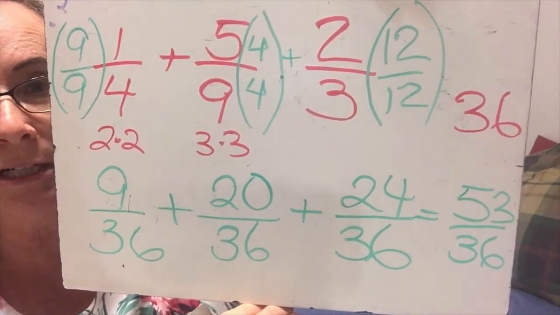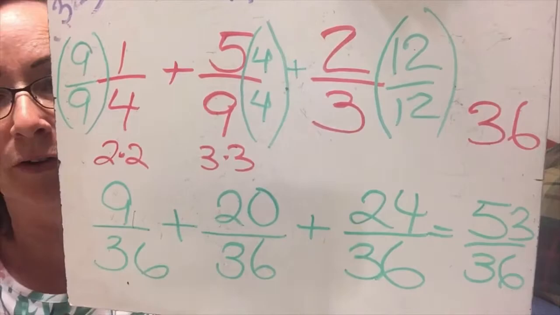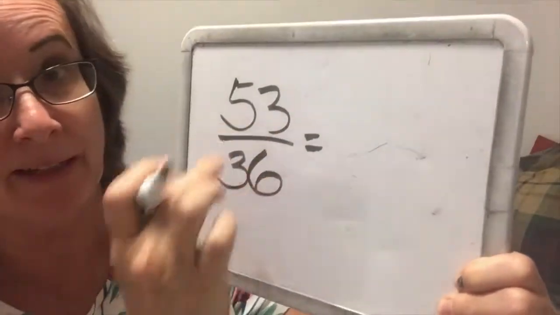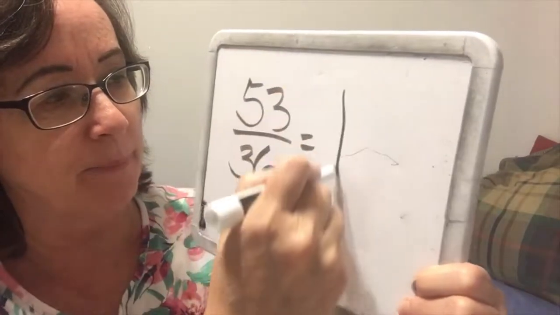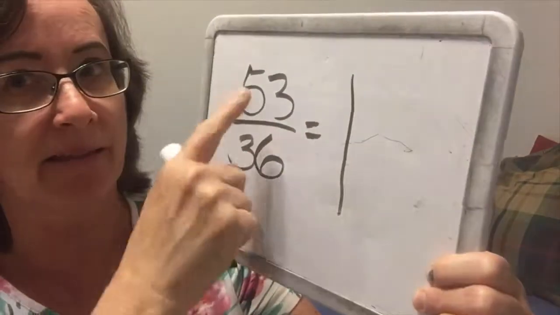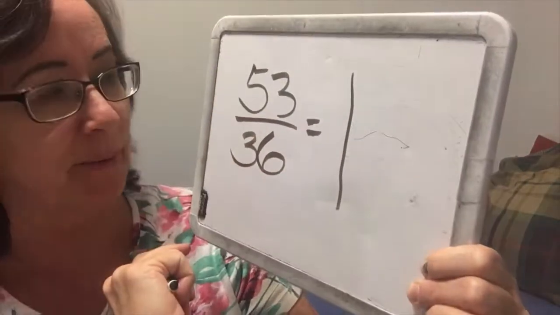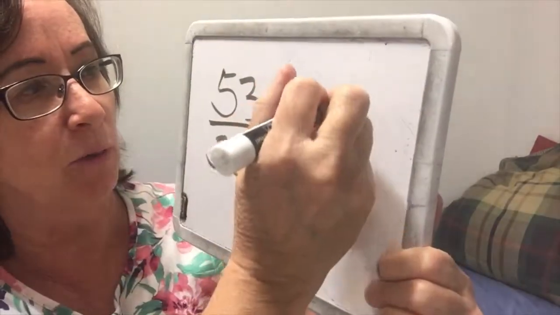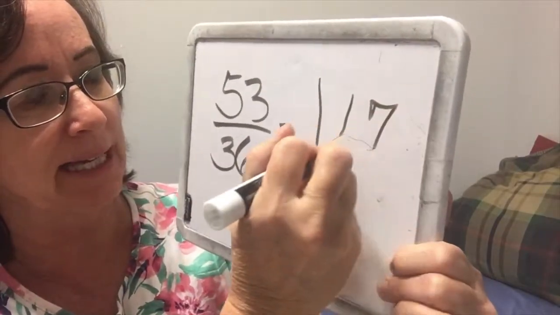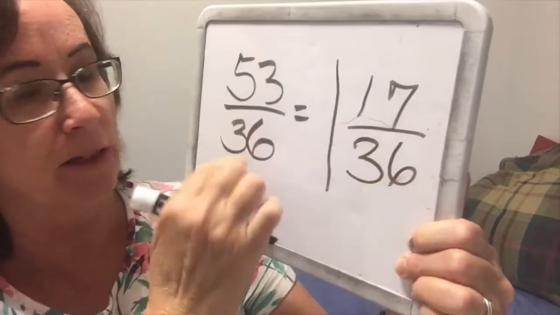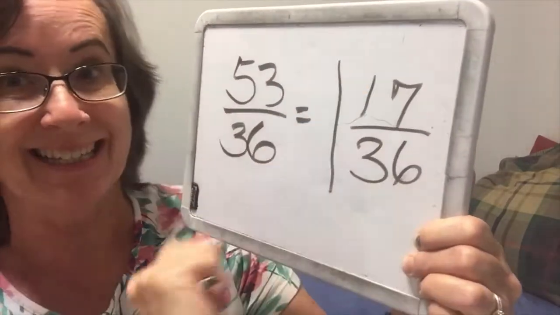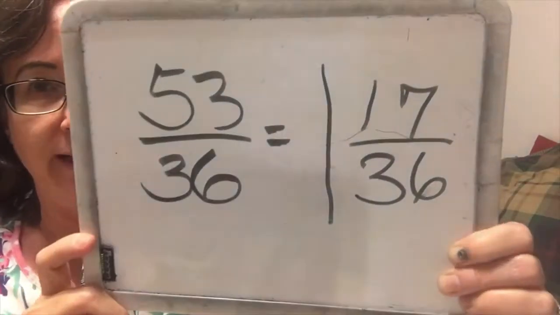Okay, so what do I do with 53 over 36? Well, 53 divides by 36 one whole time. So when I take the 36 away from the 53, I'm going to wind up with 17 left. 17/36. So 53 over 36 is 1 and 17 over 36.